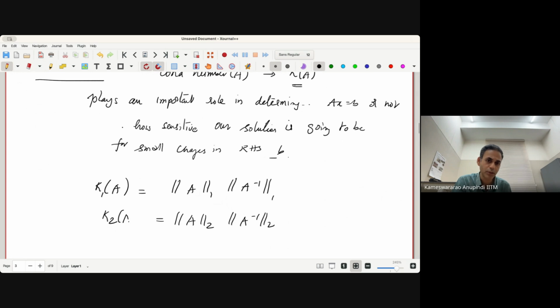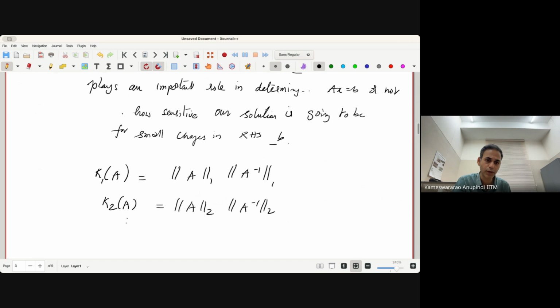Similarly, condition number based on 2 norm is this thing, and so on. So we could define condition number as the norm of the matrix A times the norm of the matrix inverse.